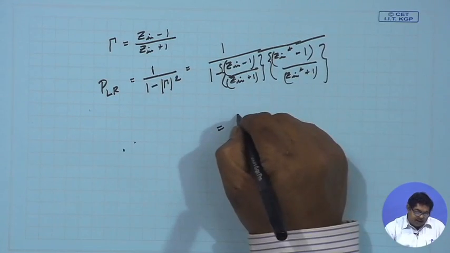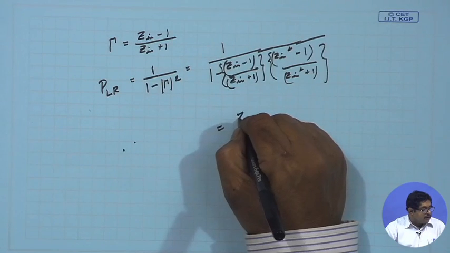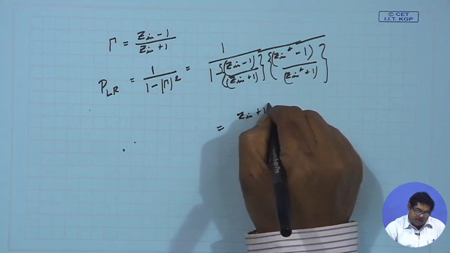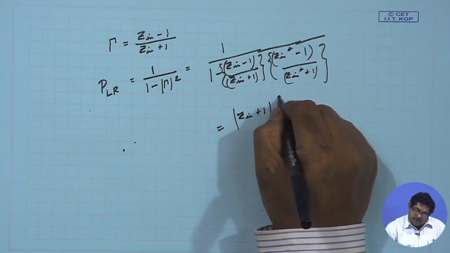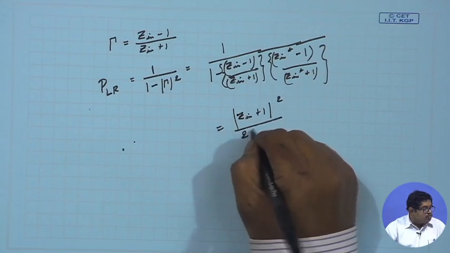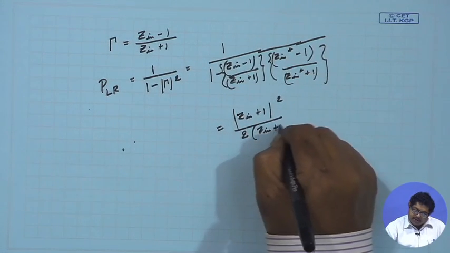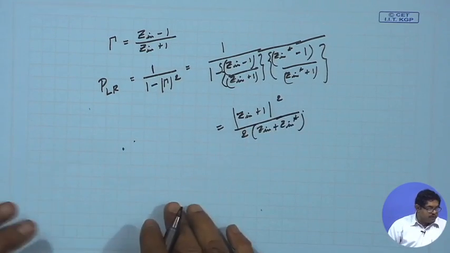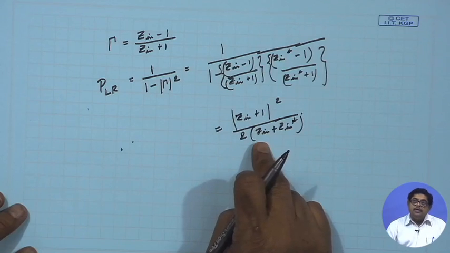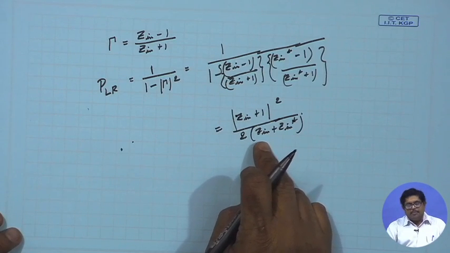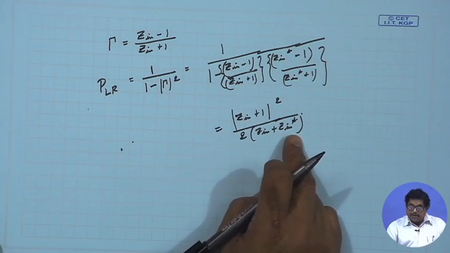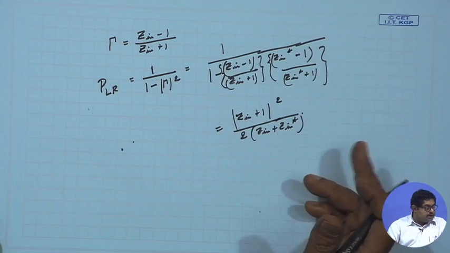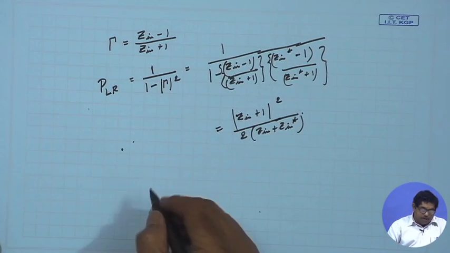If you simplify, you get (Z in plus 1) whole square by 2 (Z in plus Z in star). Now, Z in is a complex quantity, so Z in plus Z in star will be twice the real part.